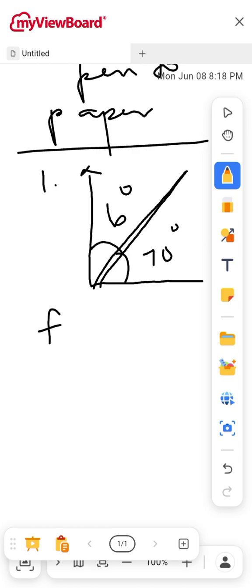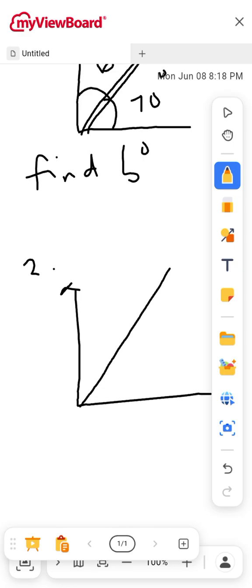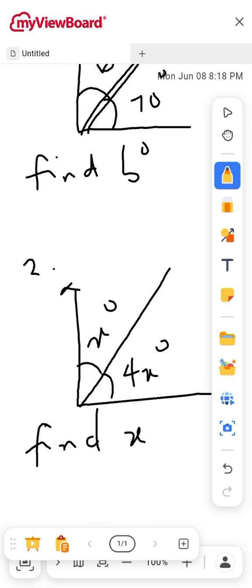They ask us to find B. Number two, we have something like this. We have X and we have 4x degrees. So the question requires that we find X and we should also find 4x degrees.